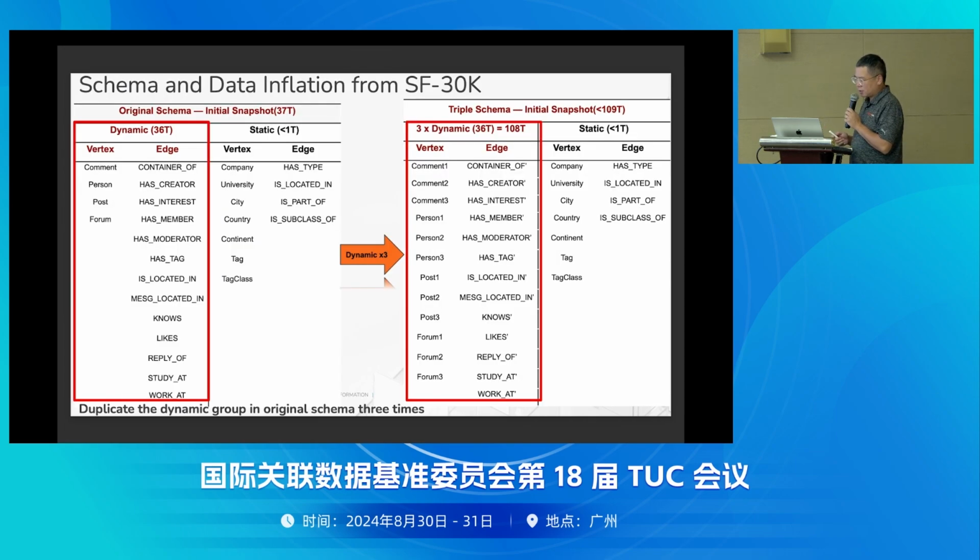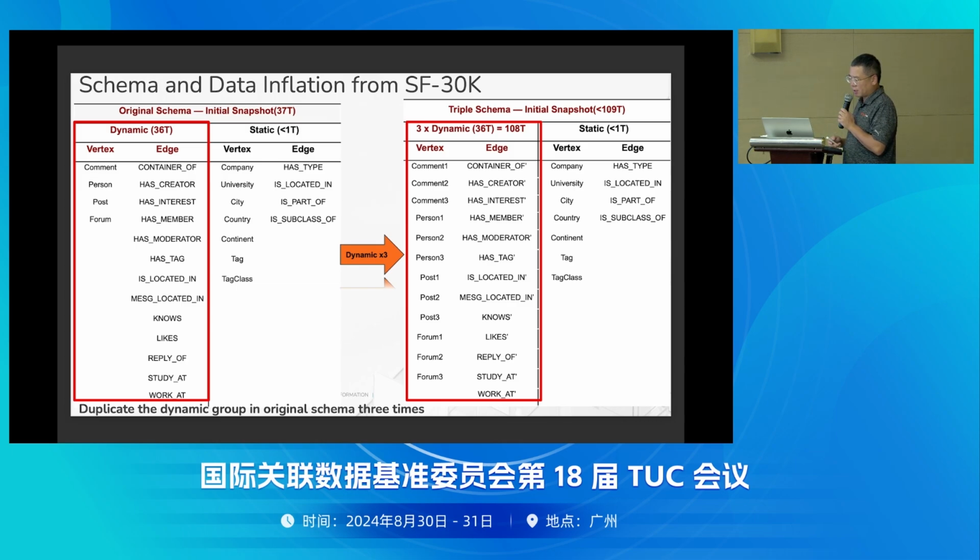So the initial modification to the LDBC benchmark: we use the data generator, and we can successfully generate 30 terabytes from the official data generator. In order to make a 100 terabyte dataset, we modified the schema first. If you look at the LDBC schema, it has two subsets of graph elements.